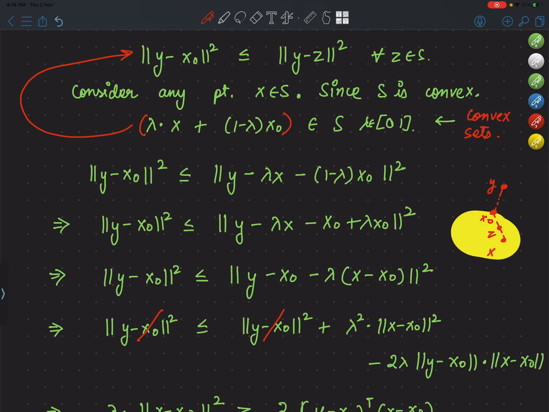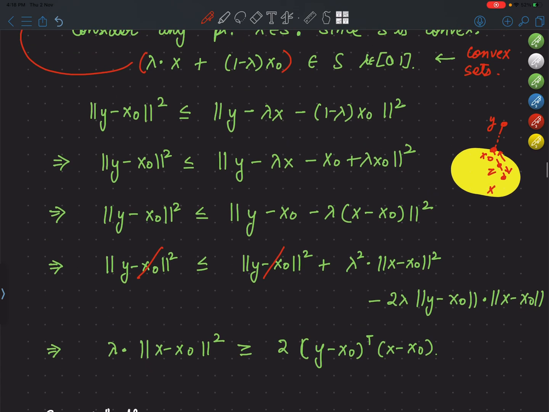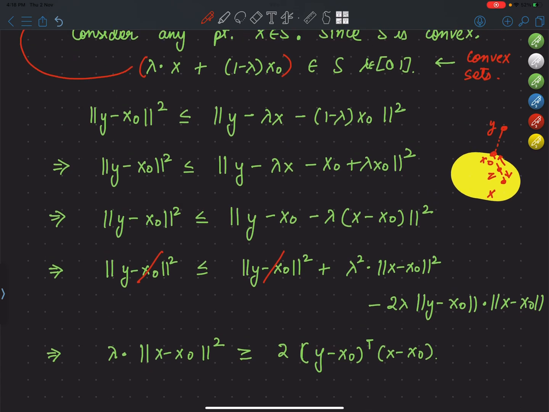So changing lambda from 0 to 1 makes it move from x naught to x. That's what it does. So actually this is true for all lambdas belonging to [0, 1].